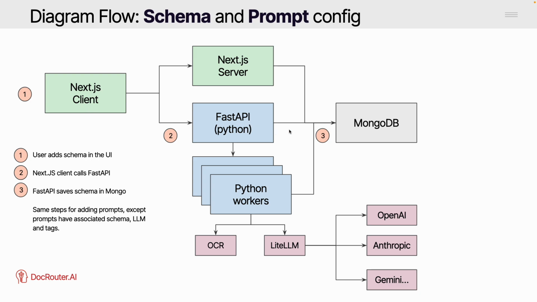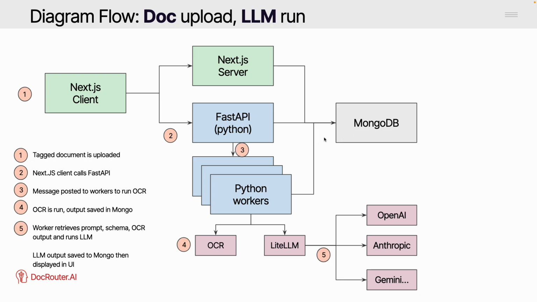They basically go through FastAPI this time. So you go in the web browser, you go to FastAPI, and then they're saved in MongoDB. This is the full pipeline for what happens when you upload a document. You upload a document through the FastAPI. A message is posted to one of the workers to say, hey, run OCR, wait for OCR to complete.